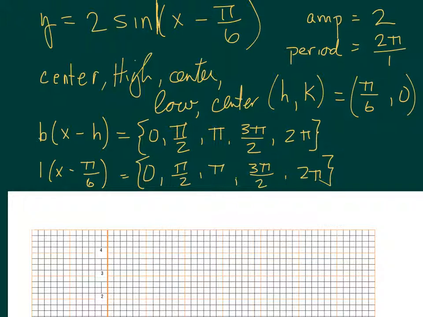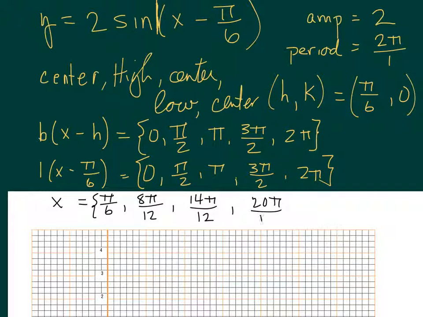That would give us values of x of 0 plus pi over 6, which is pi over 6. Pi over 2 plus pi over 6: we would have to get a common denominator, which would be 12, so that would make 8 pi over 12. Pi plus pi over 6, let's do 12ths there as well, so that would be 14 pi over 12. And then 20 pi over 12 if we keep 12s.